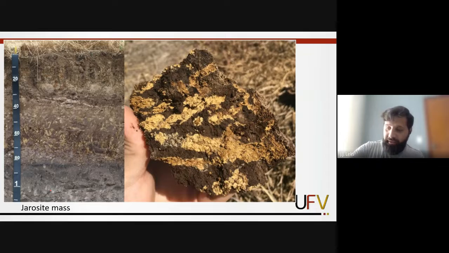It's not so easy to find these elements in a high concentration in the same soil. So generally, we can find jarosite mass in mangroves because we have the influence of sea water, and we can have the water from rivers. The seawater is rich in sulfur, so we have a lot of sulfates.